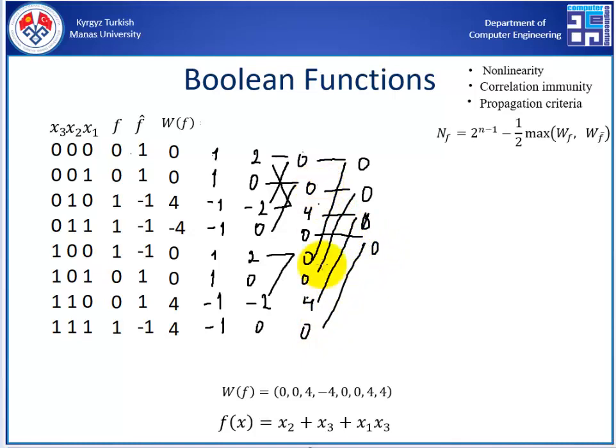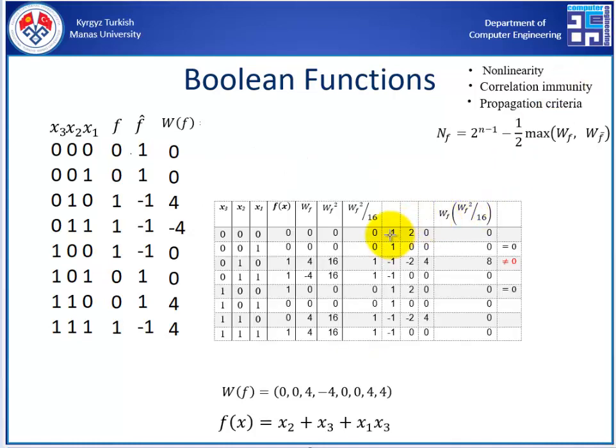Now subtracting this element from this element gives 0. This element 0. 4 minus 4 again gives us 0, and 0 minus 0 gives us 0. So here is the result of our calculation.